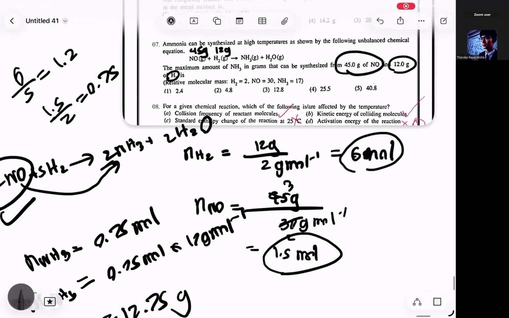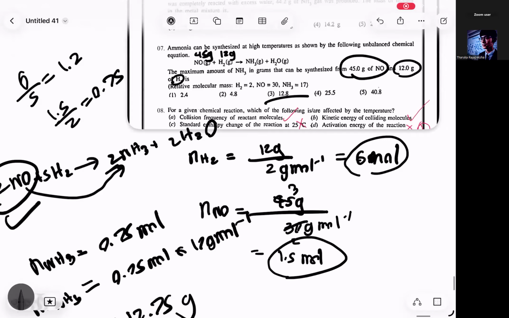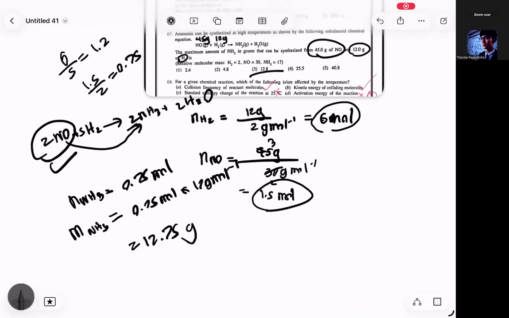Which is closer to the third one, but we are not getting an exact answer there. Maybe some calculation issue somewhere. Balance the reaction correct, right? Yes. 1.5 will be the answer there for the number of moles of NO. It's not 0.75.